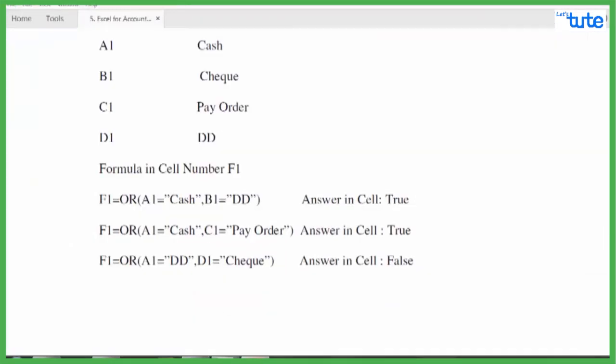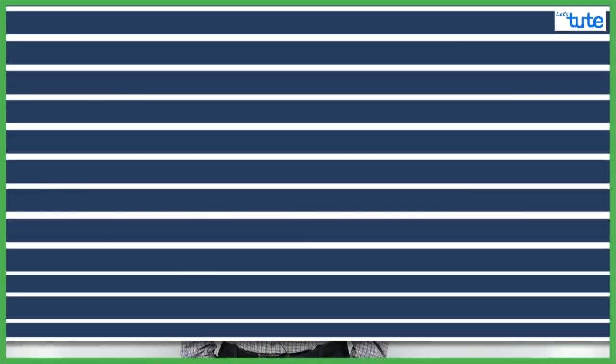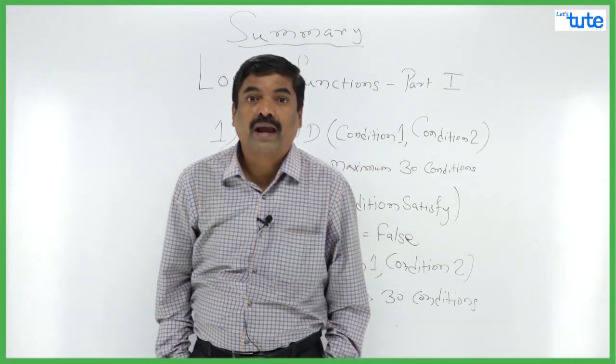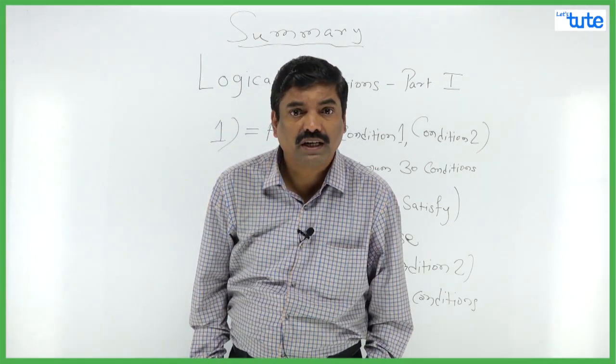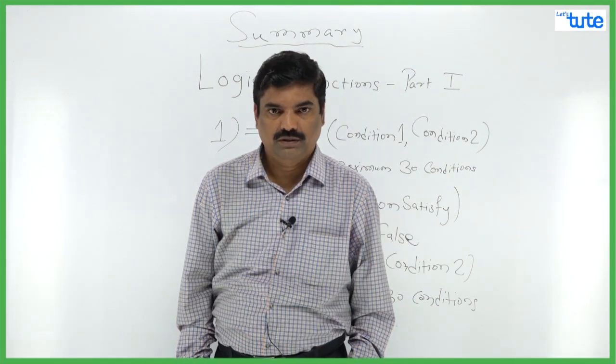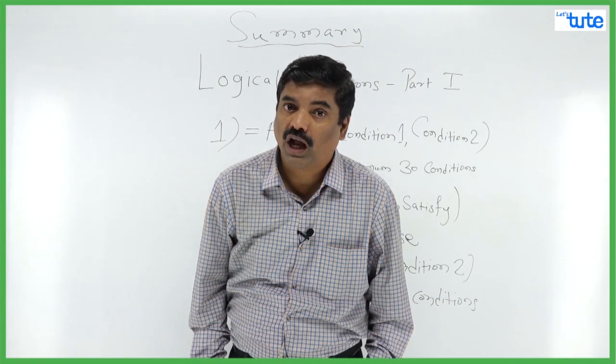So we have done practice of AND, NOT, OR. Now we will move to the summary of the lecture. So friends, we have done Excel practice of 3 logical functions, that is AND, NOT, and OR.